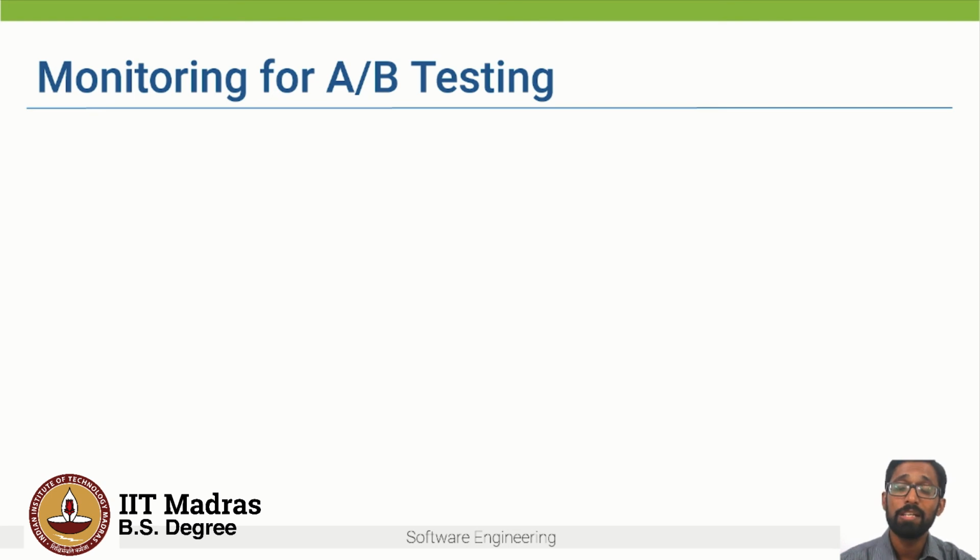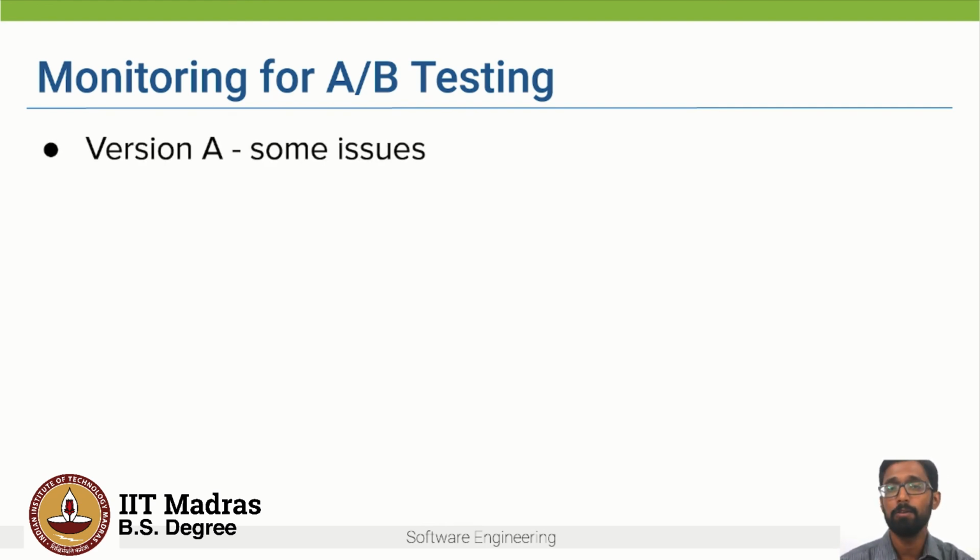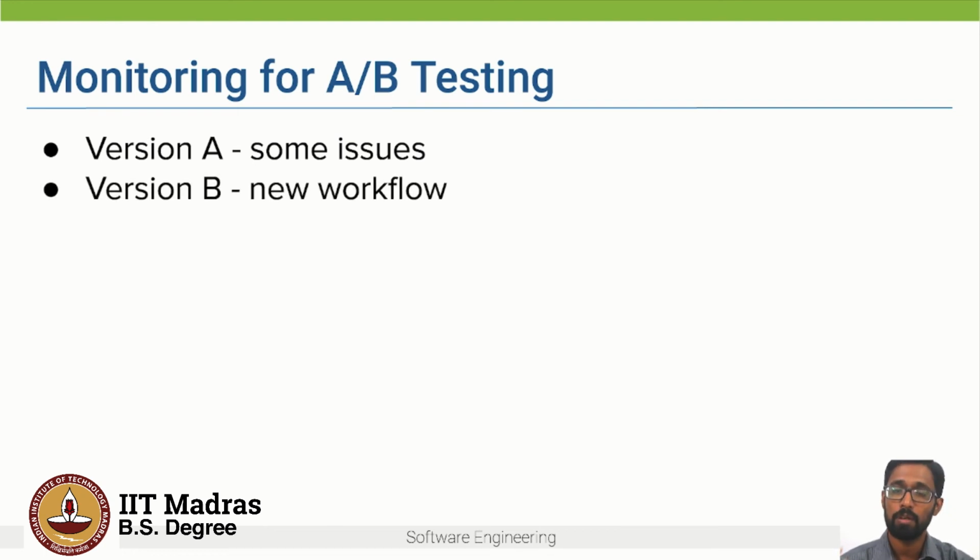So monitoring is useful for A/B testing also, right? What is this A/B testing? Let's say you have version A of your app, of your website, which has some issues. Maybe the abandonment is high, right? Now to resolve this, you create another version.